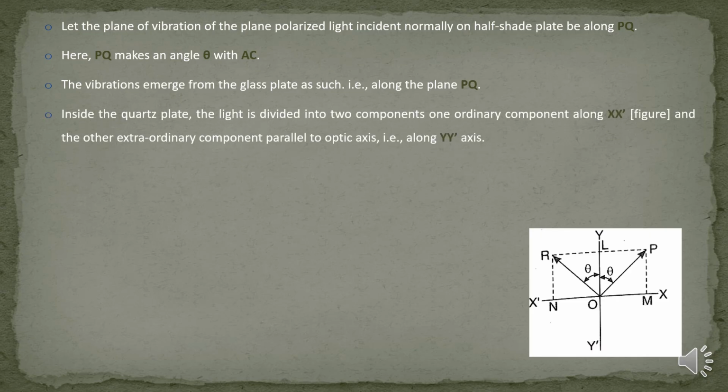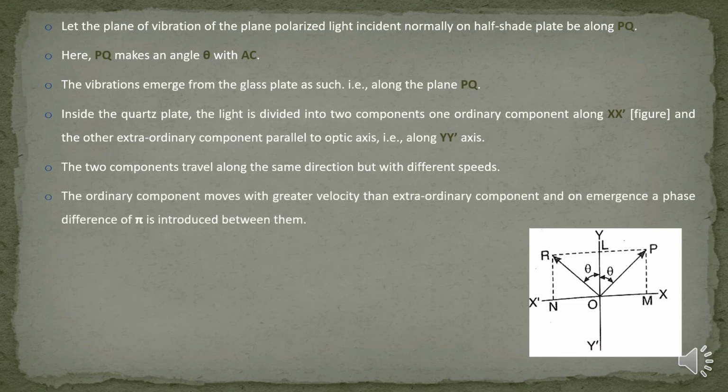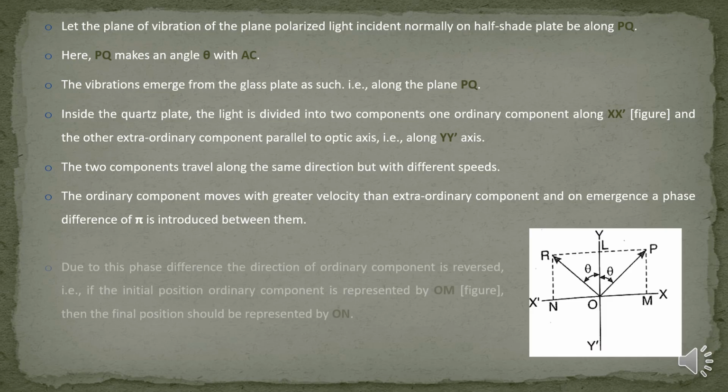Inside the quartz plate, the light is divided into two components: one ordinary component along the x' axis as shown in the figure, and the other extraordinary component parallel to the optic axis, that is the y' axis. The two components travel along the same direction but with different speeds. The ordinary component moves with greater velocity than the extraordinary component, and on emergence a phase difference of pi is introduced between them.